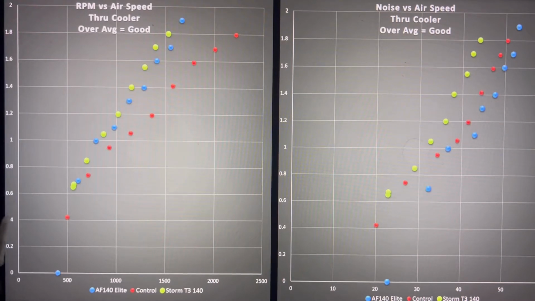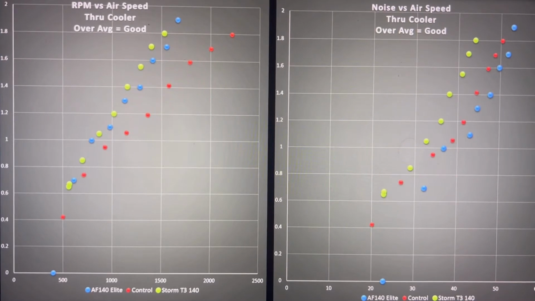We can see that the control is right there, and both fans are outperforming my control through my CPU cooler. So they're indicating good performance, with the Storm being slightly better. As for noise profiles, with the second graph on this page, we can see that the Storm, again, is outperforming both these two fans, and the Corsair being a bit worse than my control fan in a noise situation.